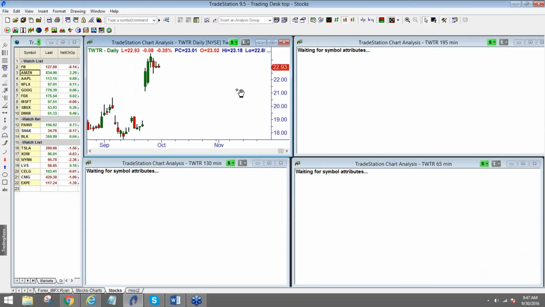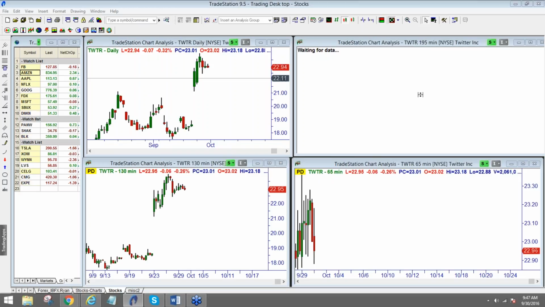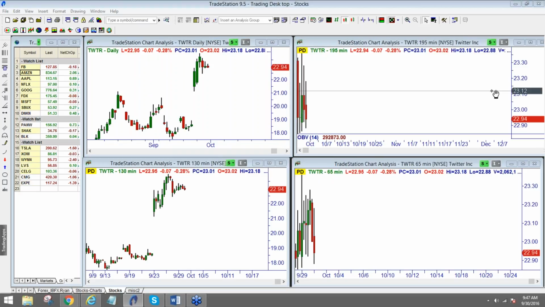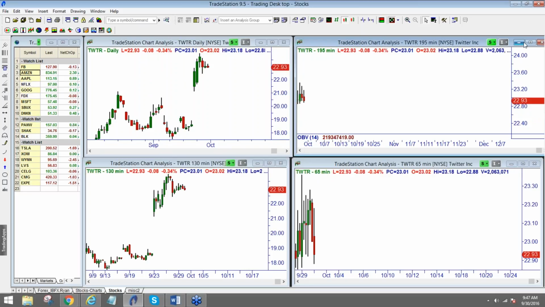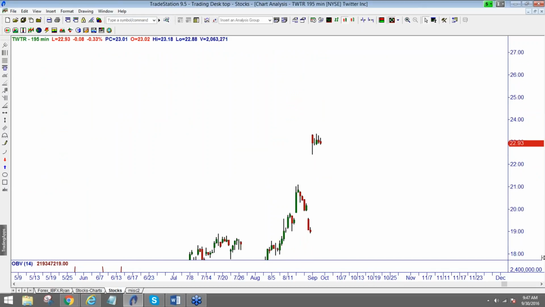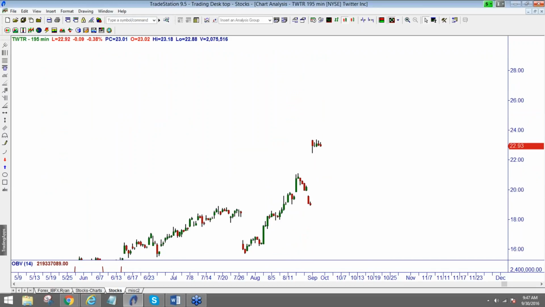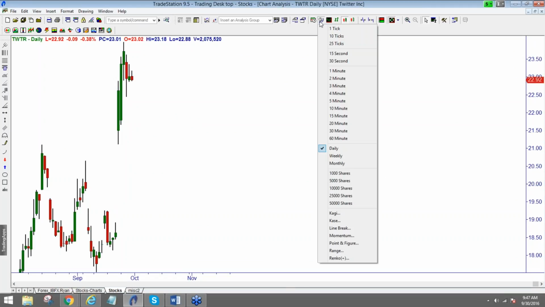Now we'll look at Twitter. Wow, nice gap up here. I guess from those rumors they're going to get bought. Wow, okay. I guess I will stick to the higher time frame. Let's do a weekly chart.